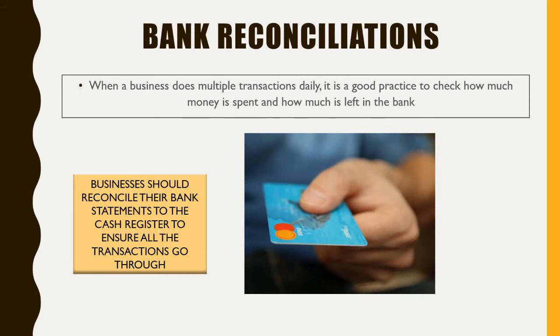Again, a bank reconciliation is essentially another way for someone else to keep track of our transactions. The most perfect way we can see that is through your bank statement.